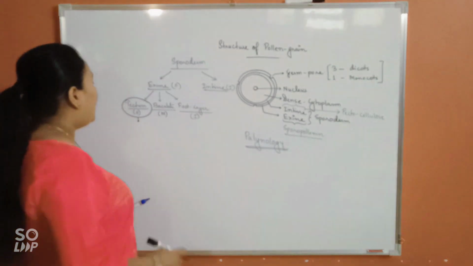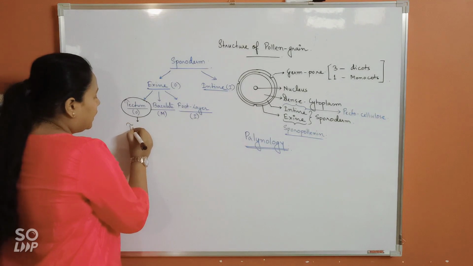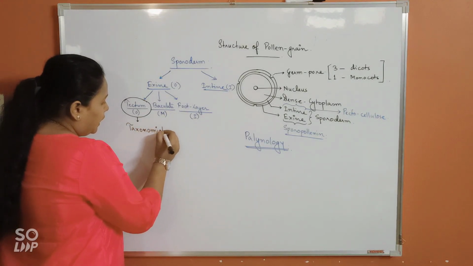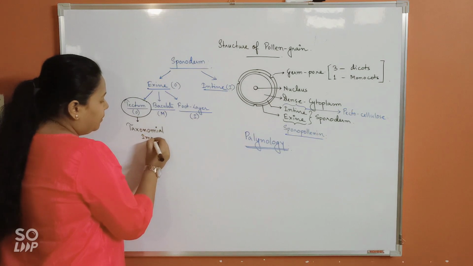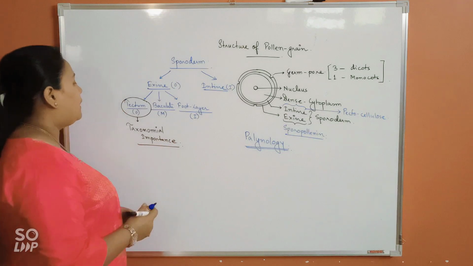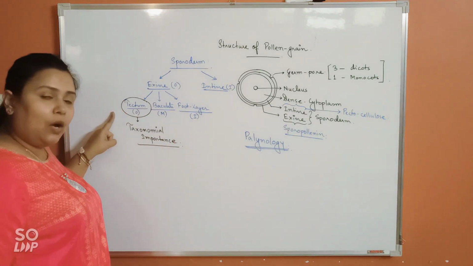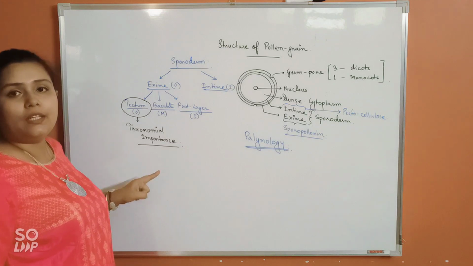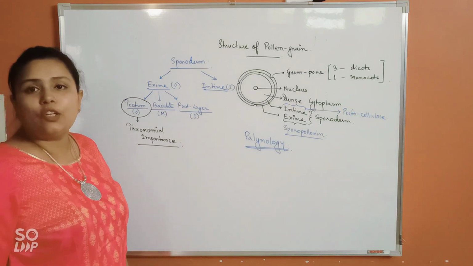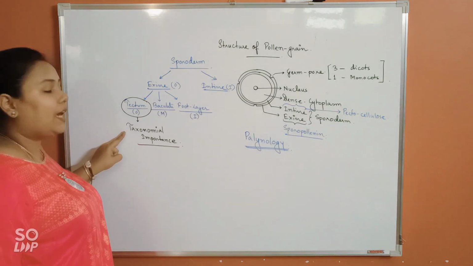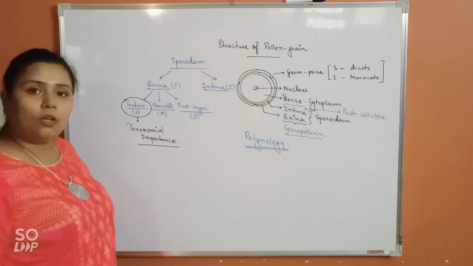So that's why tectum is of taxonomical importance. This is very, very important. It means tectum allows identification of the species, and anything that helps you identify a species becomes a taxonomical aid or tool. So that's why tectum is of taxonomical importance.